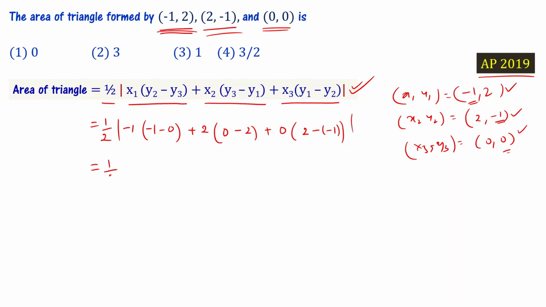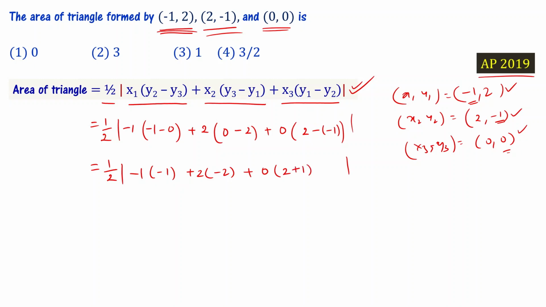Now this can be written as half times modulus of -1 into -1 plus 2 into -2 plus 0 into 2 plus 1.